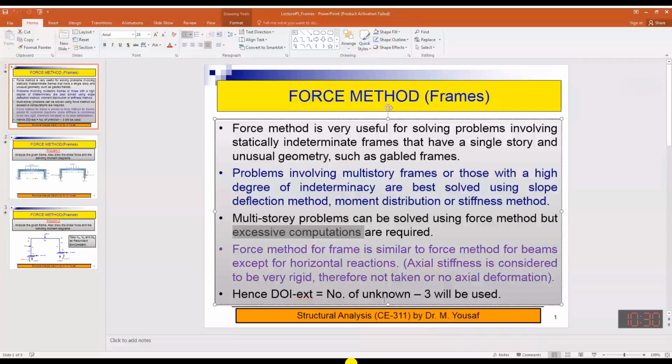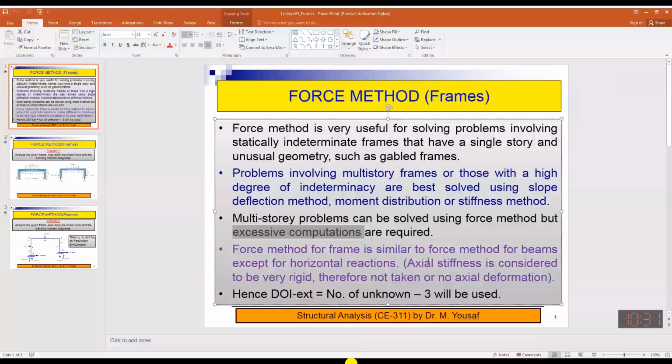Now, the force method for the frames is similar to the force method for beams, except for the horizontal reaction. In case of beams, we do not analyze the horizontal reaction, but in case of frames, we consider the horizontal reactions as well, because this will be acting as the shear force for the column.